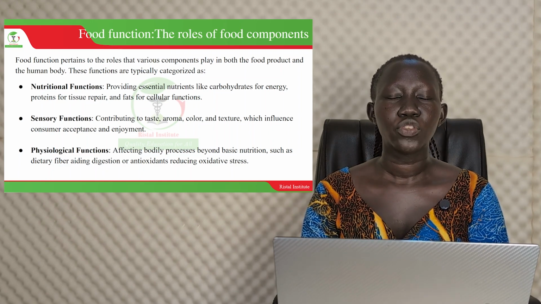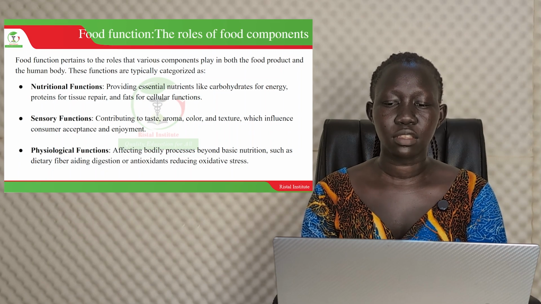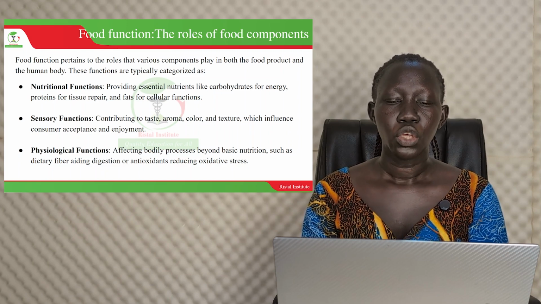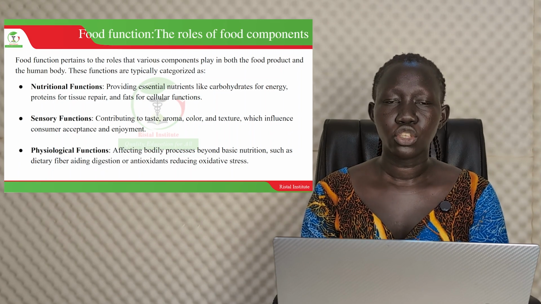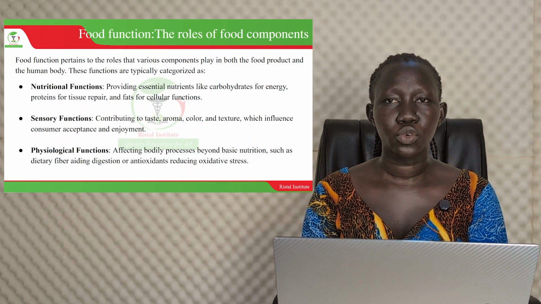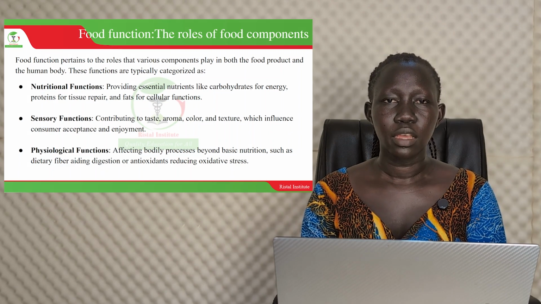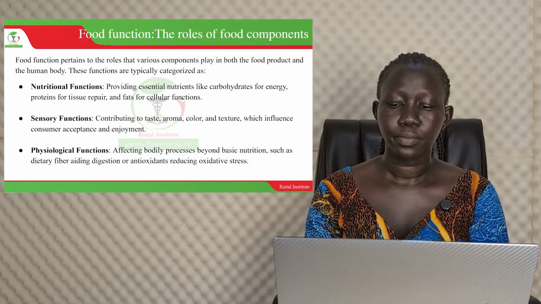Then we also have the physiological functions, and this pertains to affecting the bodily processes beyond the basic nutrition. For example, dietary fiber that is important in aiding digestion. We also have antioxidants that help to reduce oxidative stress and nourish our DNA so that our systems can be strong and function effectively.